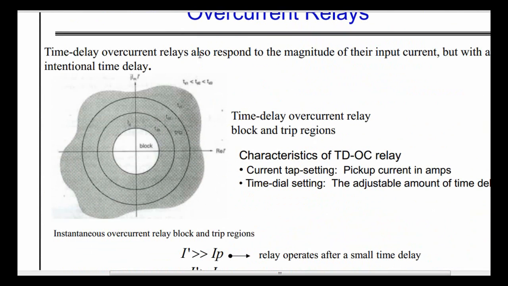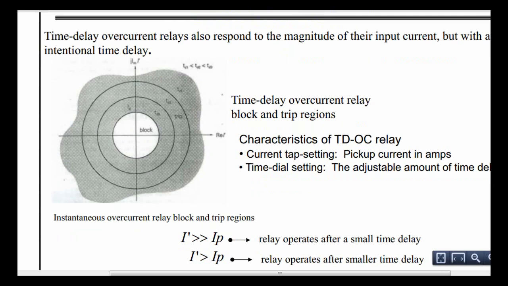So what they did is provide a time delay overcurrent relay, meaning that when a fault occurs on the system, the operating time depends on the magnitude of the faulted current. If the current on the secondary side of the current transformer is much greater than the pickup current, then the relay operates instantaneously.